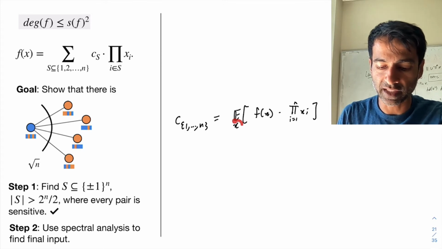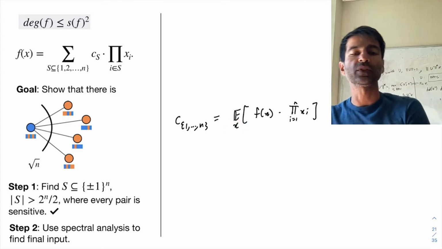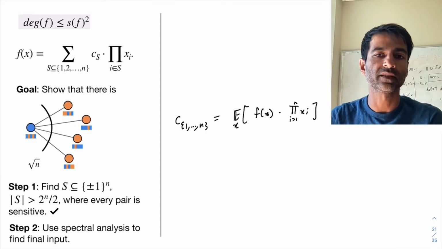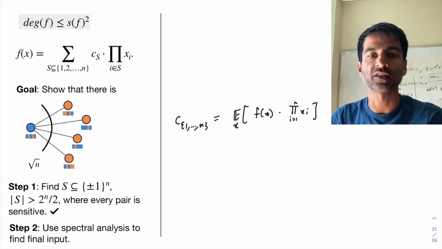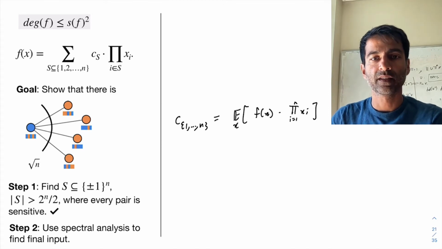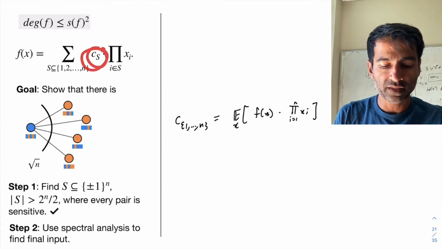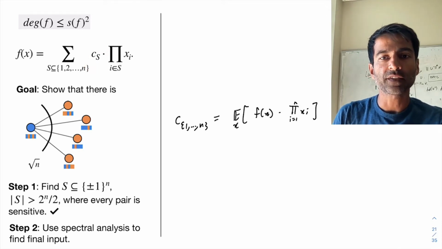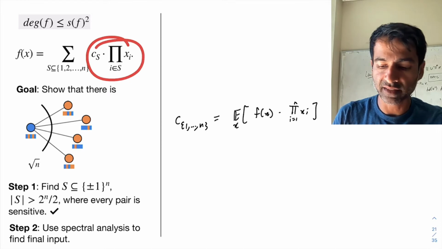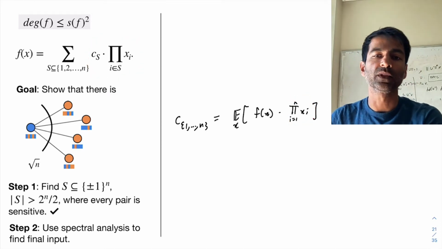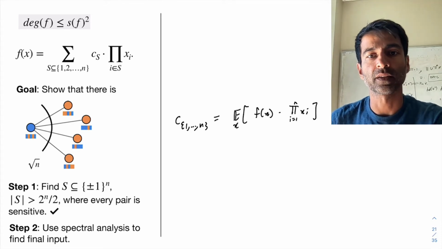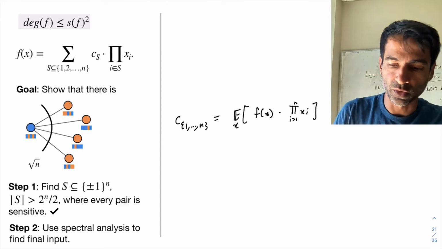This expectation is over a random plus or minus 1 input x. Every other coefficient contributes 0, because when you multiply, you get a variable that is not squared, and the expectation of such a variable is always 0. So you have this identity.